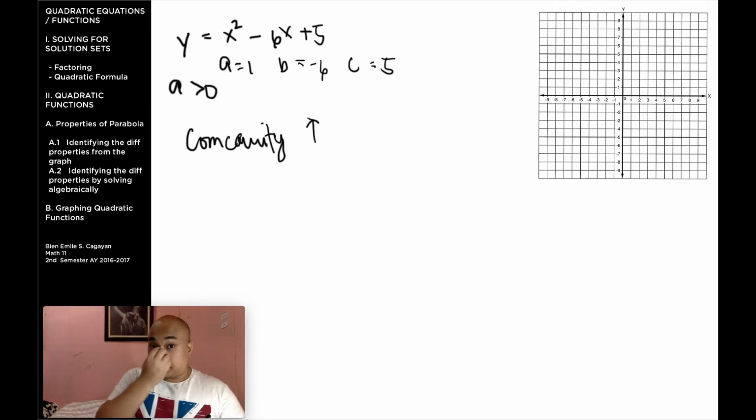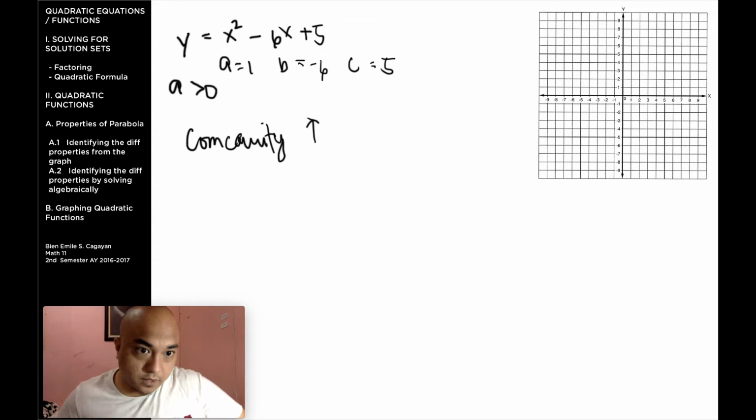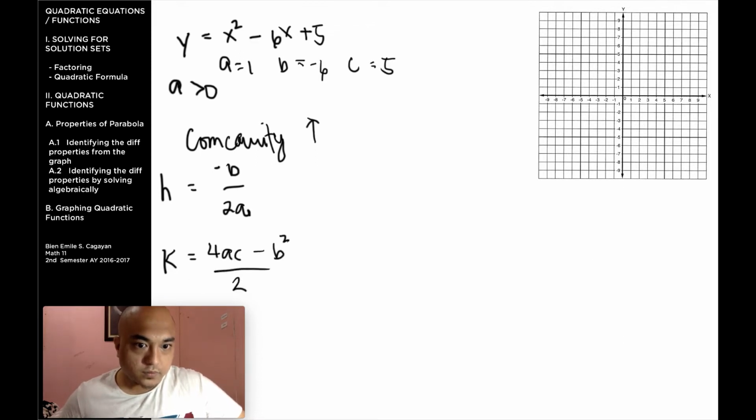Now the vertex, we just have to look for the vertex. The formula for the vertex: to find the point on the x-axis, h equals negative b over 2a. And to find k, which is the point on the y-axis, it's 4ac minus b squared over 4a.